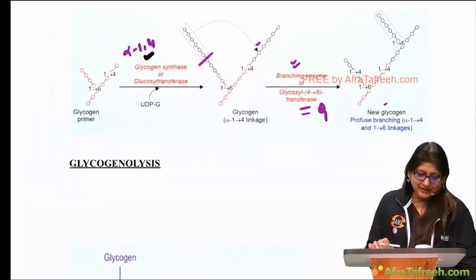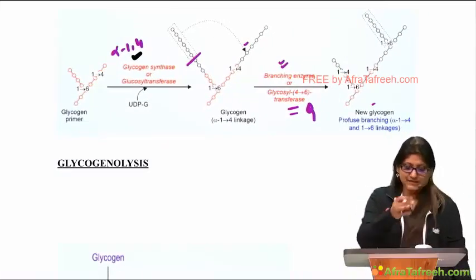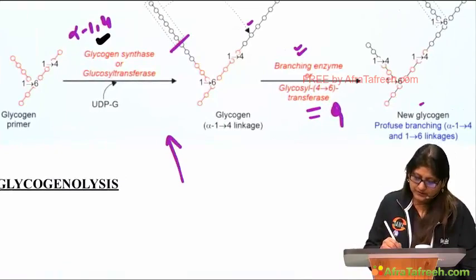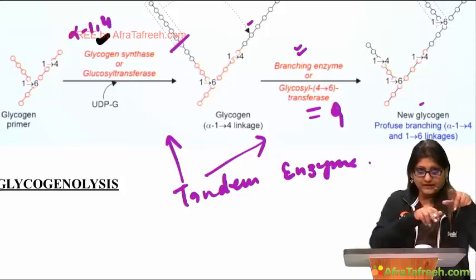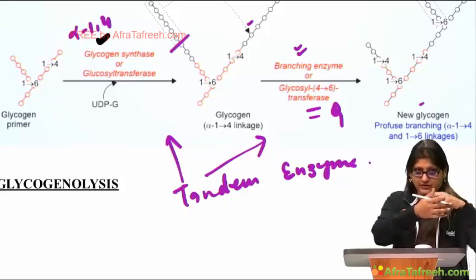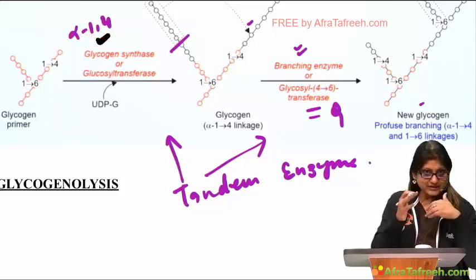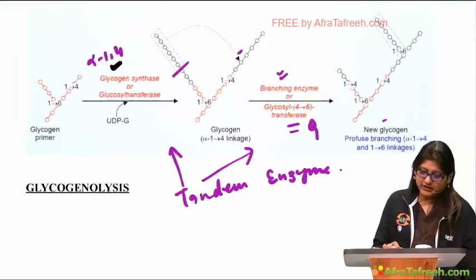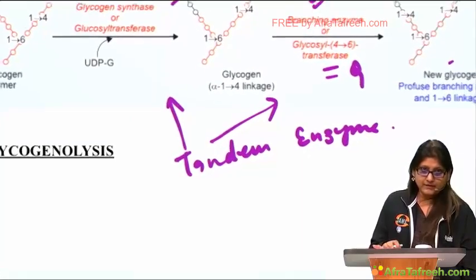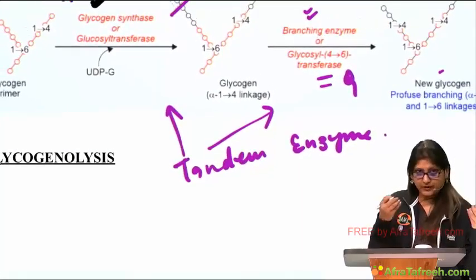So tandem, somebody was asking me about the tandem enzyme. Guys, this is a beautiful example of the tandem enzyme, right? The meaning of tandem is what? A human walk is a tandem walk. One step after another step, first step, then second step, right? So that's a tandem activity, a tandem enzyme. So when you're talking about glycogenesis, you have got tandem enzymes which act one after another.